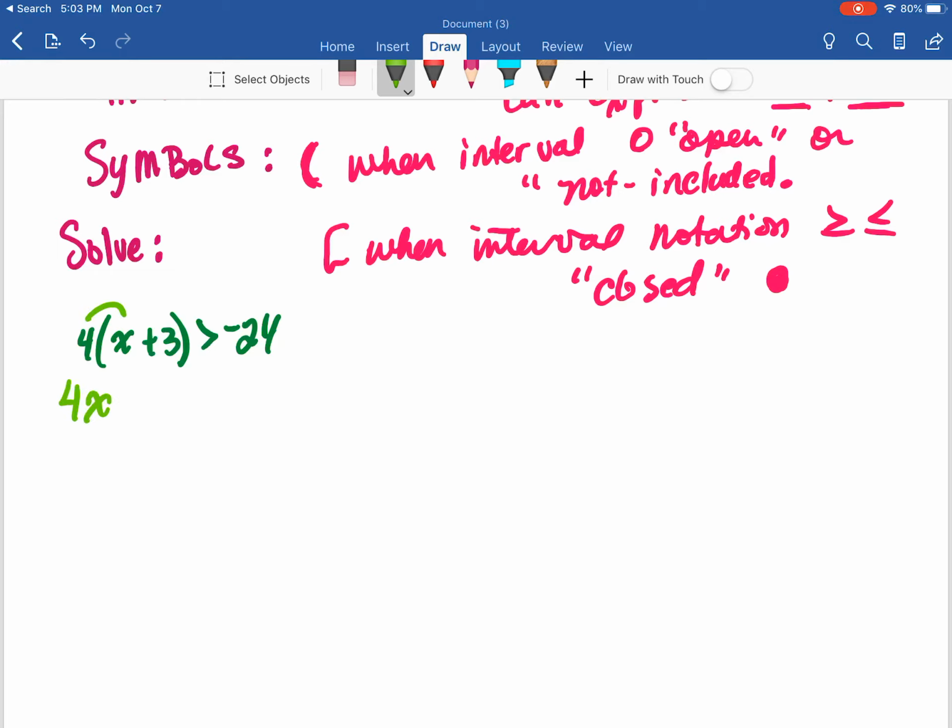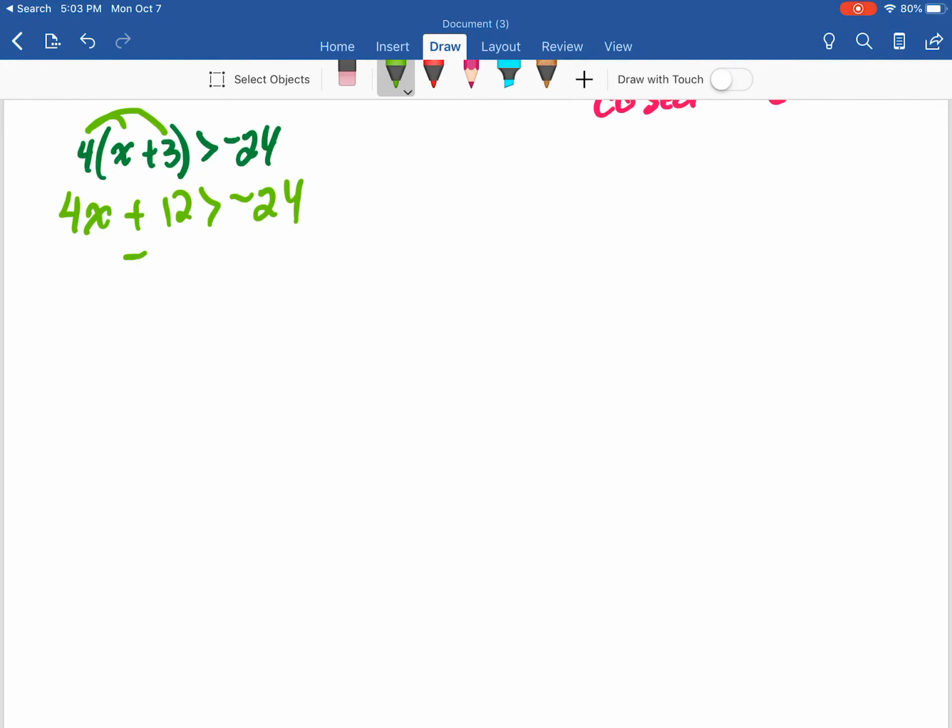That's going to give me 4x, 4 times 3 gives me plus 12, greater than negative 24. Then I'm going to subtract 12 from both sides. That's going to give me 4x greater than negative 36. I'm going to divide by 4. That's going to be x is greater than negative 9.